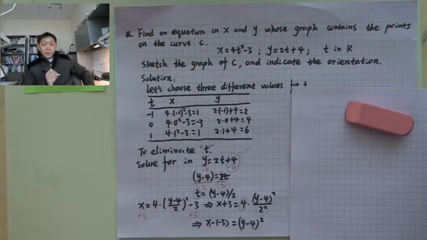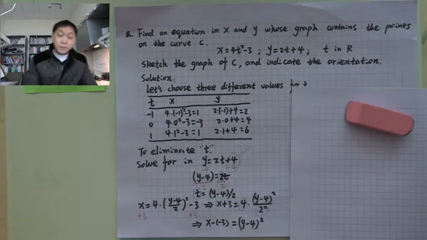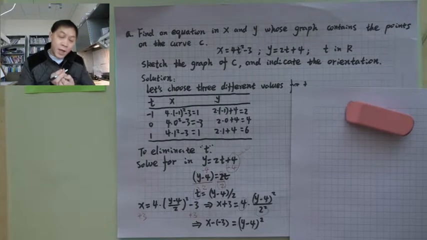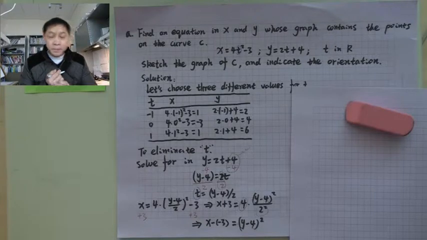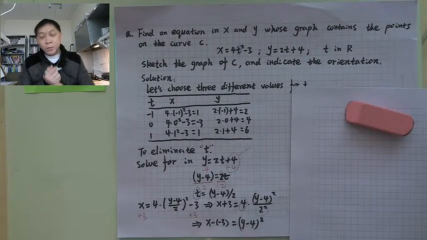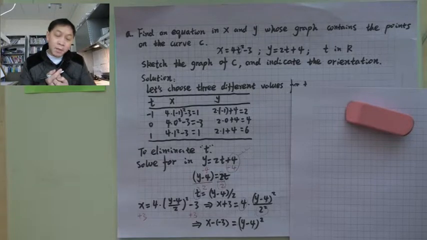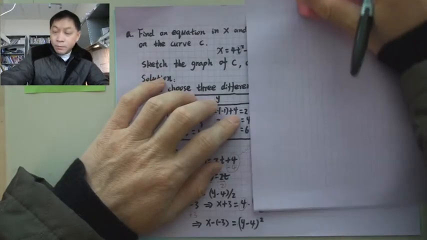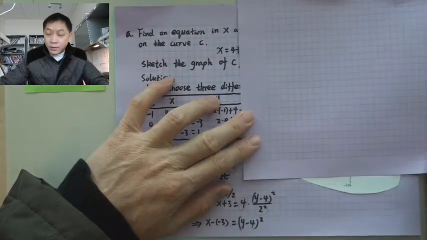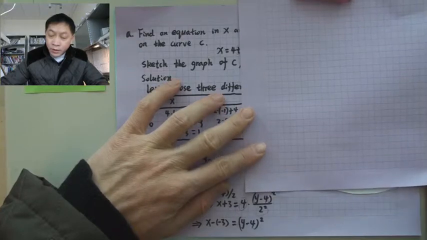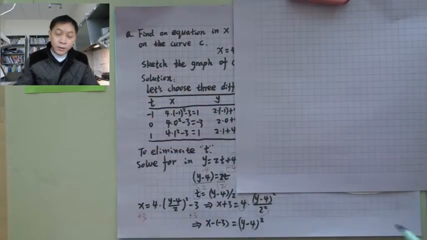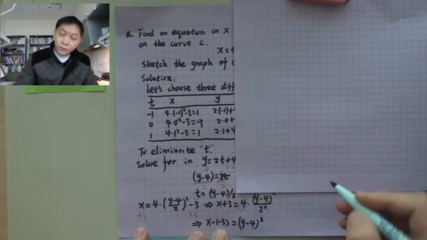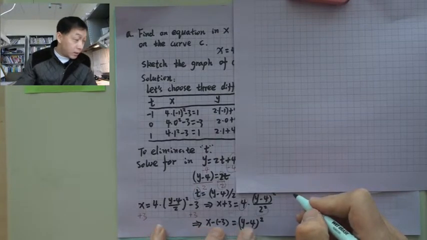Probably you will get some idea from here. Okay. If you remember the equation for a parabola, a standard form, then you know this basically is a parabola. Okay, so how does it look like? And you put some note right here. Is that the graph? Let me put right here.